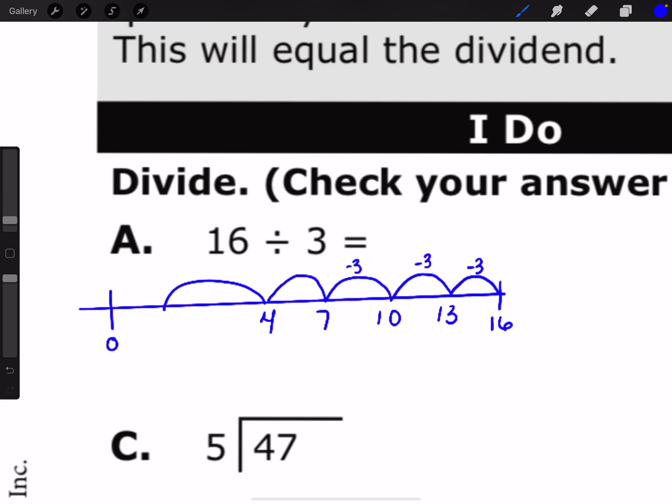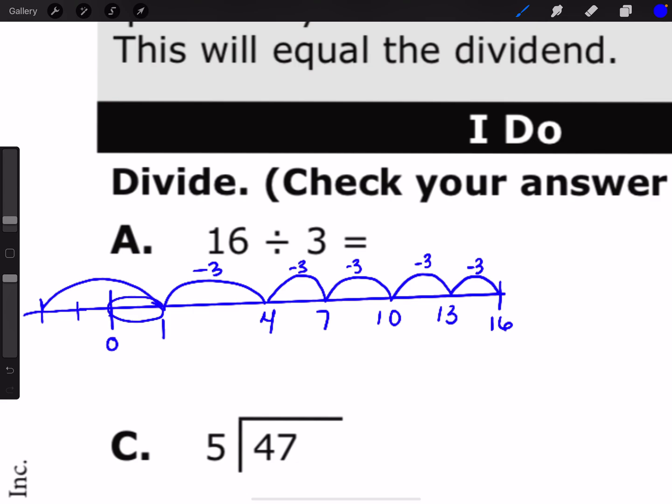is 4. Take away another 3. I got to kind of do a big jump there. Is 1. Take away another 3. That goes past the 0, so there's 1, and then there's 2 more past the 0.